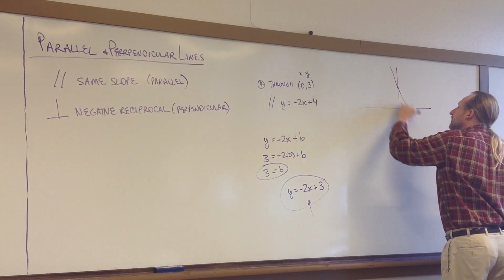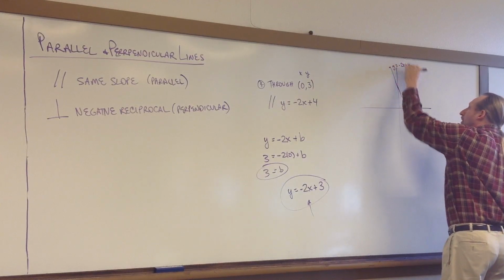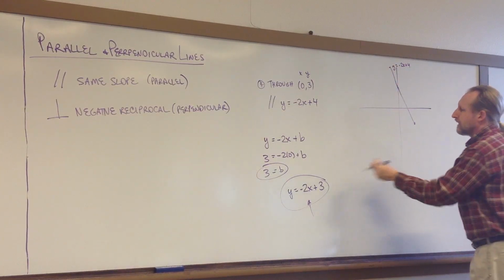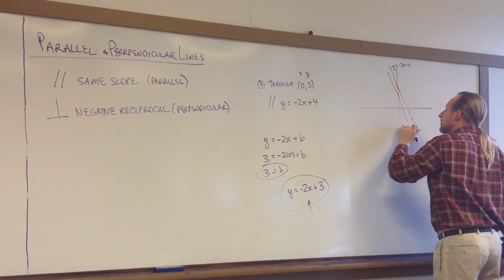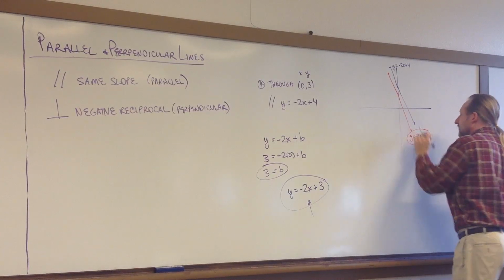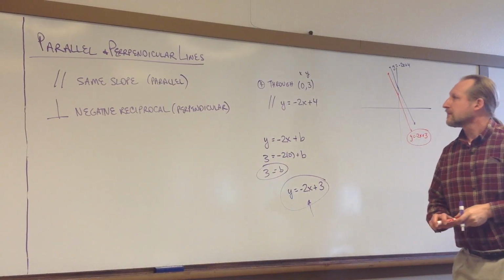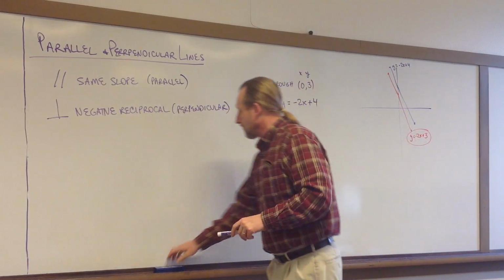It's going to be something along these lines. And the line that we're interested in is going to be y equals -2x plus 3. That's the line that we want. All right, let's keep going with these.